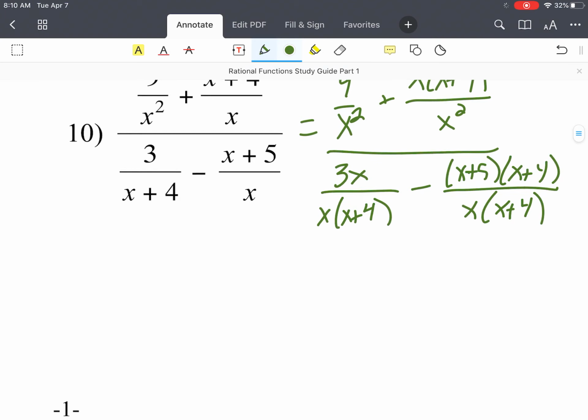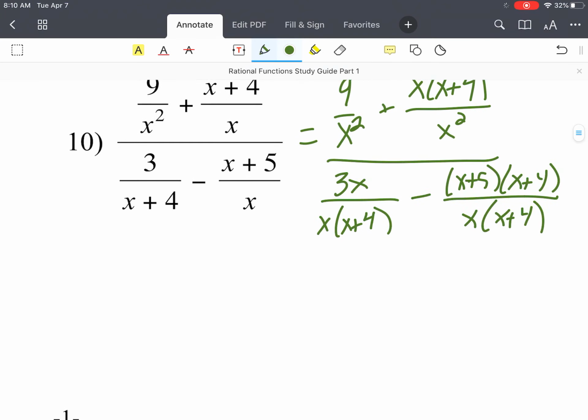All right, cool. So we've got our common denominators. So now we get to simplify it all into single fractions and leave, change, flip.